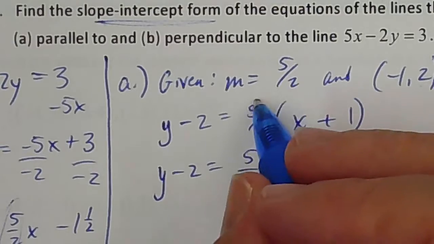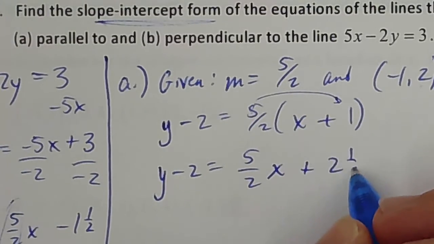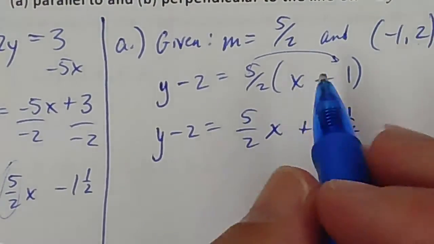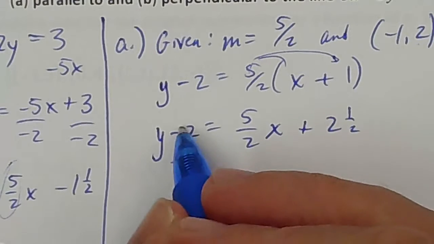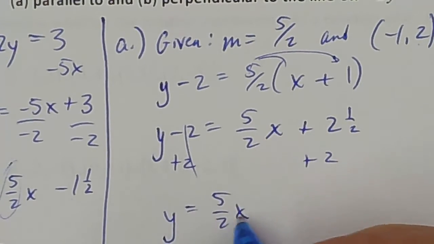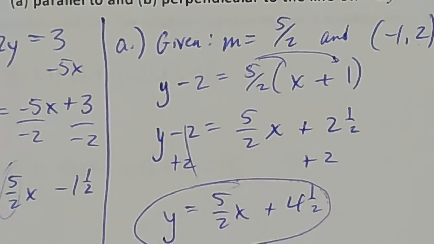Five halves times 1 is 5/2, but we want to change it to a mixed number, just a little bit easier to deal with when I add the 2 over, or 2.5. And now let's go ahead and add the 2 to the constant term. Any questions on part A?